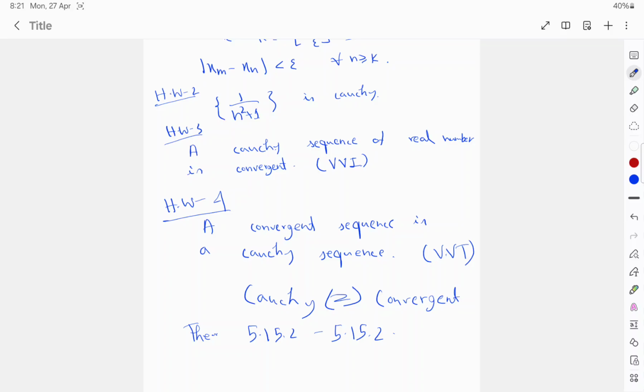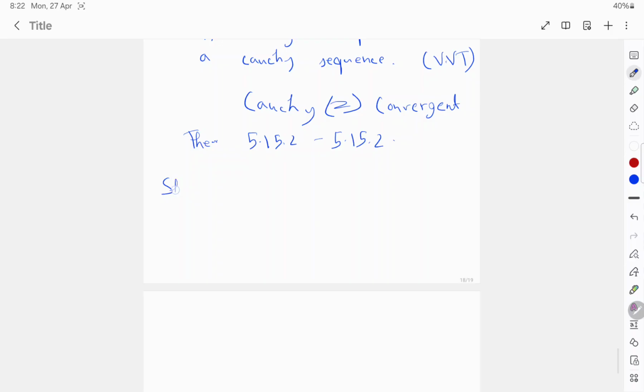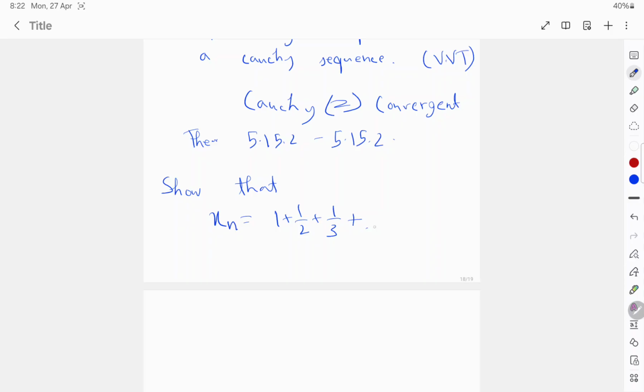Now sometimes this type of question is also asked: problem 1, x_n equal to 1 plus half plus 1/3 up to 1 by n is not Cauchy.